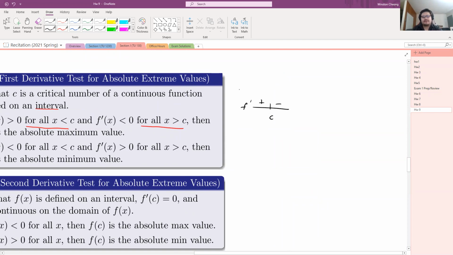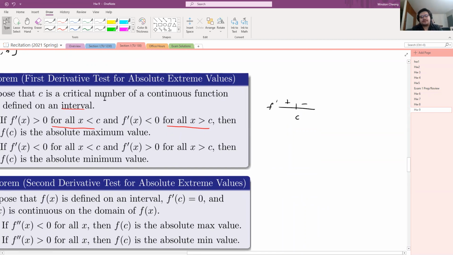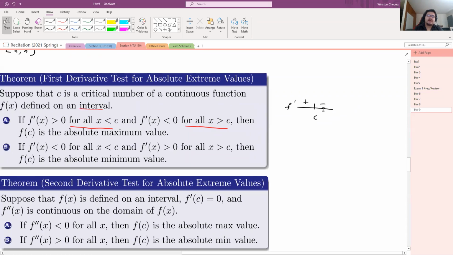The standard first derivative test is only looking at the immediately adjacent areas around c, to the left and to the right, and it says nothing about whether there are other critical points. But this first derivative test for absolute extreme values is saying that not only do we have this signature, but we don't have any other critical points.